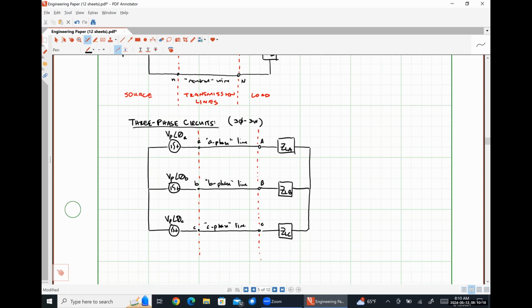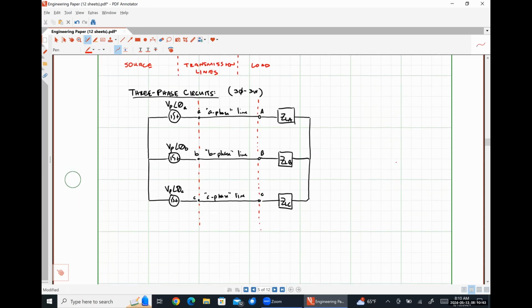We do not, in this particular system, have a neutral conductor going from the source to the load. Some three-phase systems utilize a neutral conductor, others do not. It just depends on the application, how much imbalance we're expecting, et cetera, and we'll talk about all that in a little bit, okay?